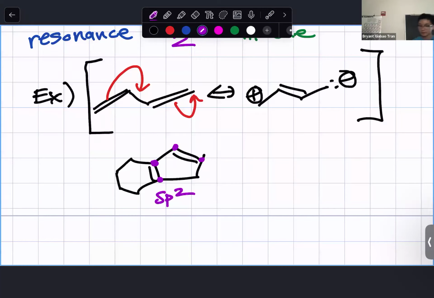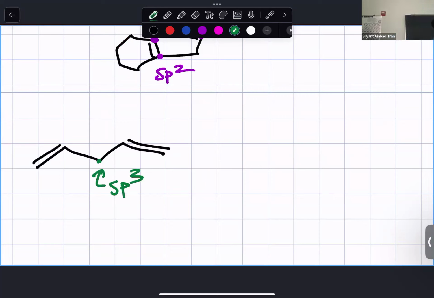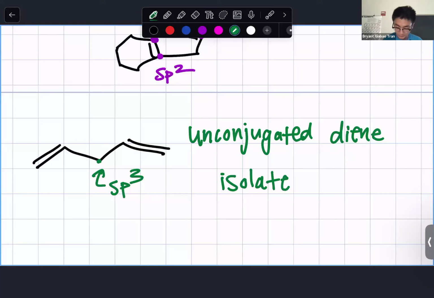Something that is not conjugated would be something like this, where there is an sp3 roadblock. If there is an sp3 atom between alkenes, this diene is not conjugated. This is an unconjugated or isolated diene because they are not close to each other. They cannot do resonance.